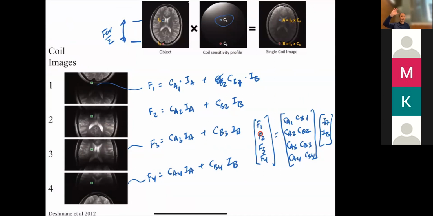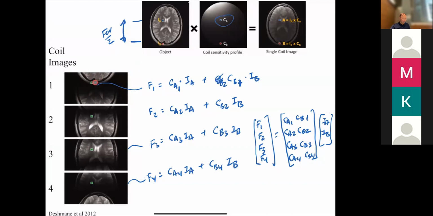So it actually takes, yes, go ahead. That's what the F stands for? Oh, the F is just the variable for the image. If I reconstruct this image here, it's just the value of that image at that location.